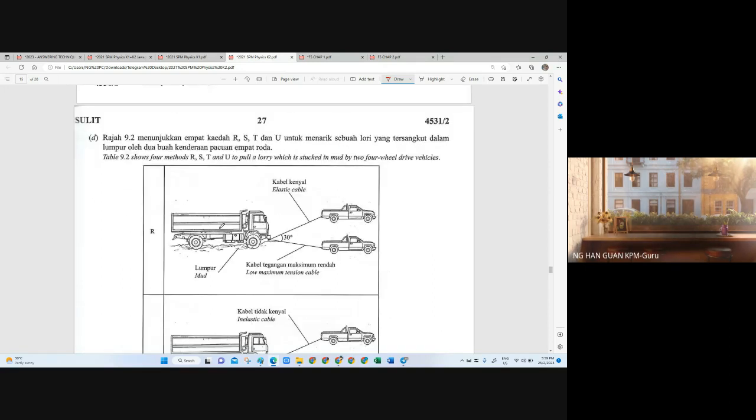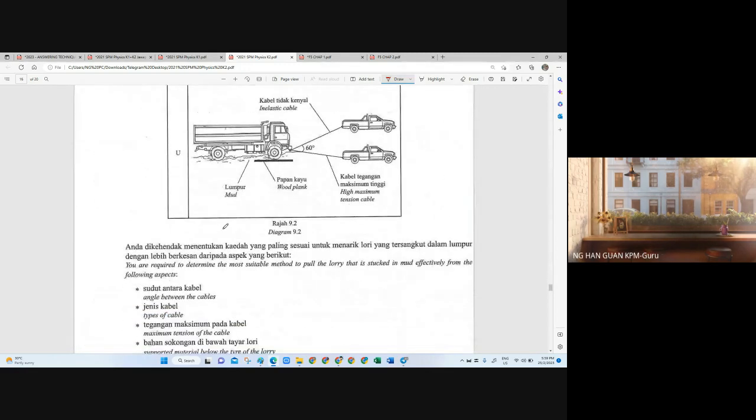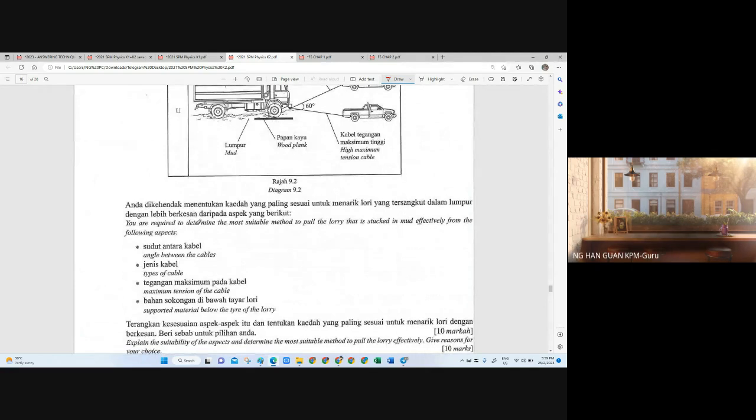Okay, and then the next one, the decision making, is also about understanding the maximum tension of the cable.